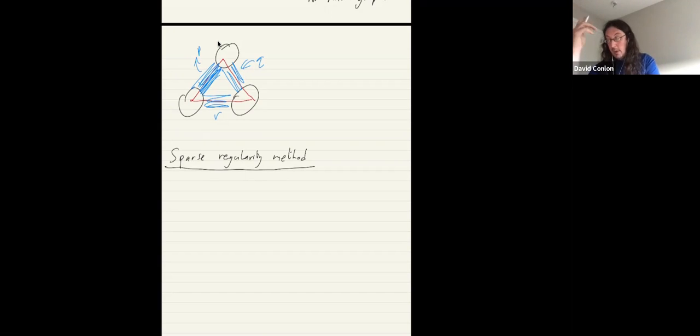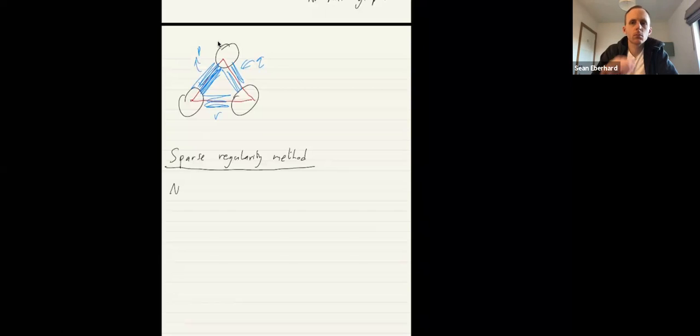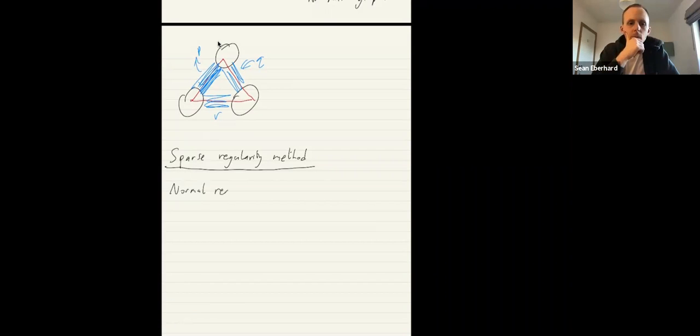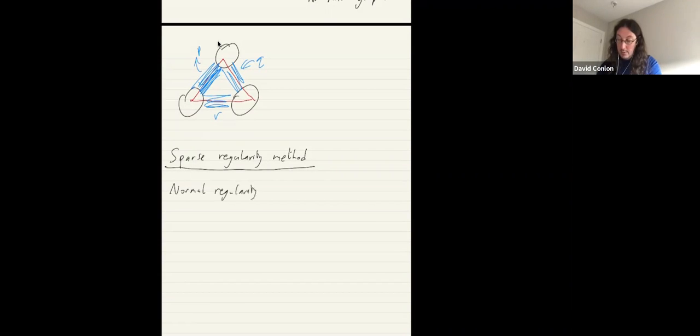So what I mean about that is, normal regularity applies for graphs when the densities are close to n squared, or when they are close to 1. So you might be able to say things about what look like sparse graphs, but in practice, the densities will be something like 1 over log star, or something along those lines. But you'd like to be able to say something about what happens in much sparser graphs.